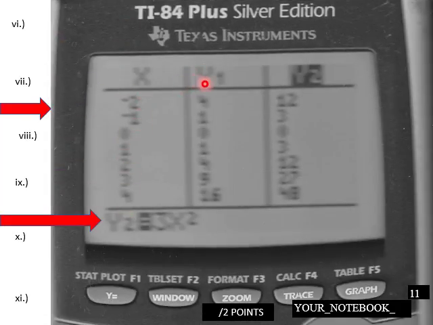And then here's the table of values for y1 and y2. Y2 is the 3x squared table, and this is y equals x squared, the x squared table for values.